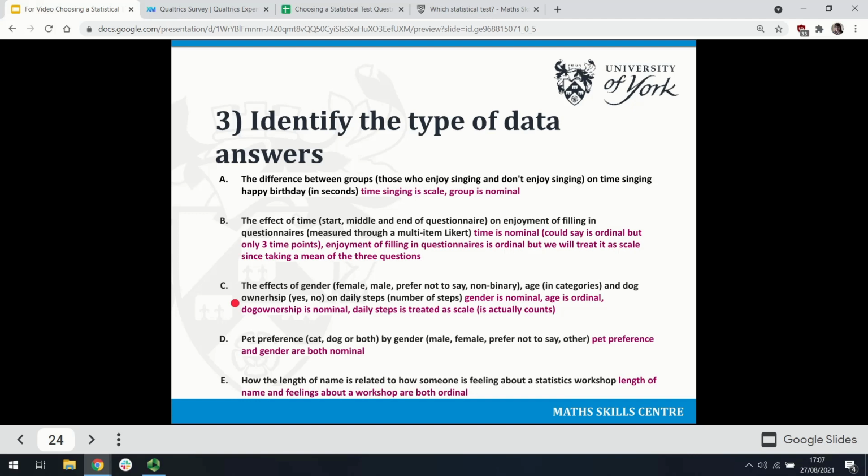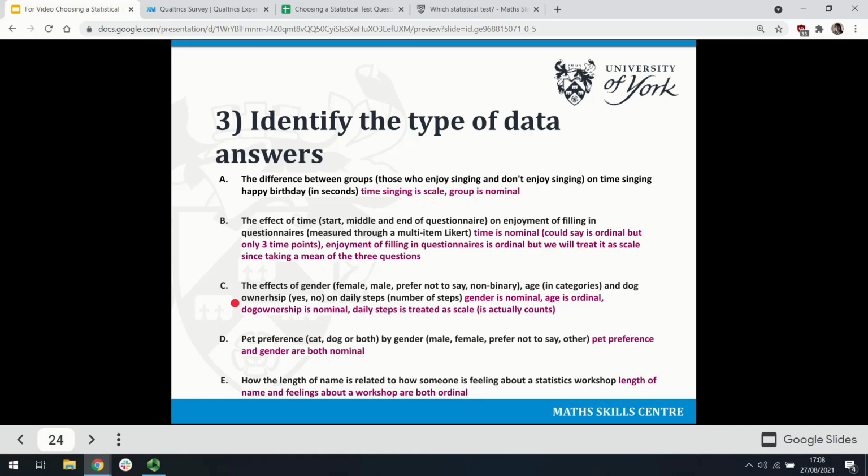Gender, male, female, prefer not to say, non-binary, that's categorical and it's nominal. Age, we've asked for age in categories. So as in 18 to 20, 20 to 25, 26 to 30, 31 to 35, etc. So age is an ordinal type of data.